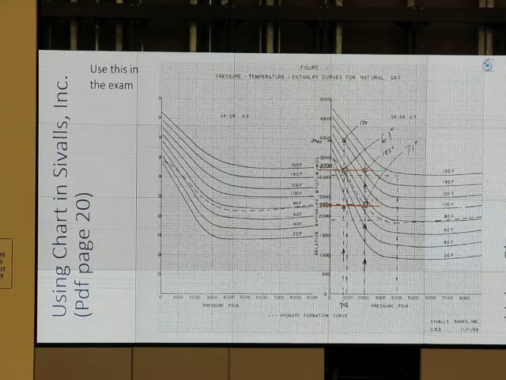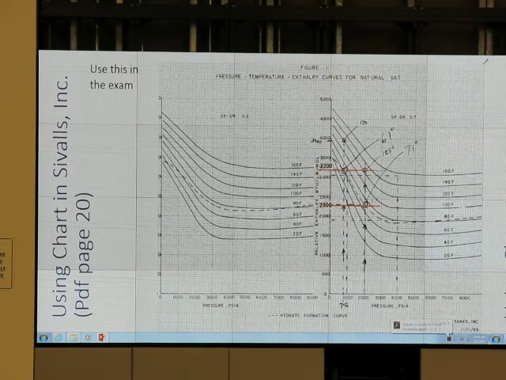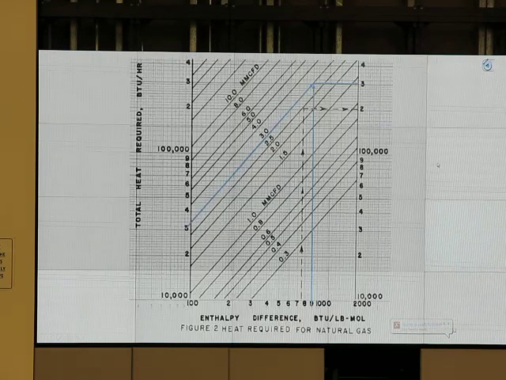So we need to know that we have to heat from 71 to 125 first. And we know the enthalpy difference. After we know the enthalpy difference, we know the flow rate. So we know the flow rate and enthalpy difference, we can calculate or use the chart and tell how much heat is required in BTU per hour.